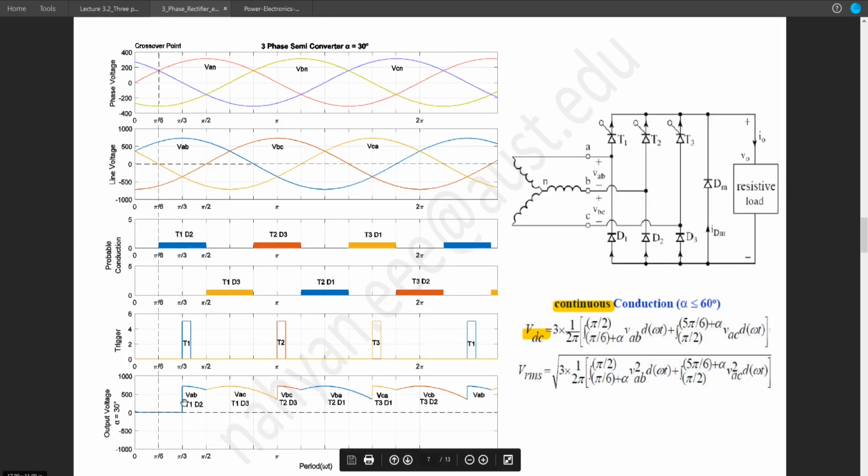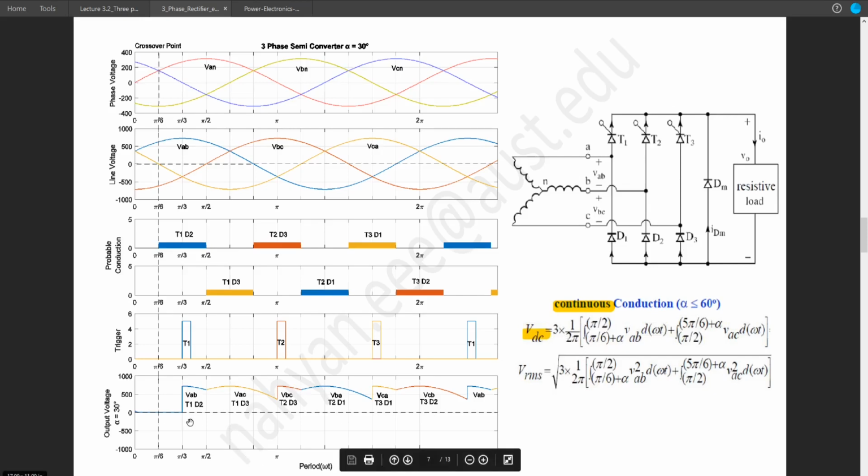First part is VAB and the second part is VAC. And as the pattern is repeating, we only need to consider this section, this 4 block sections, means 120 degree period. So the period will remain the same, 120 degree, and the limit will change.